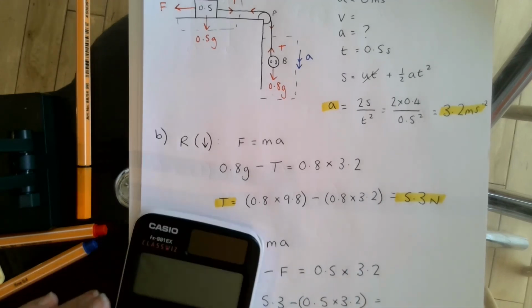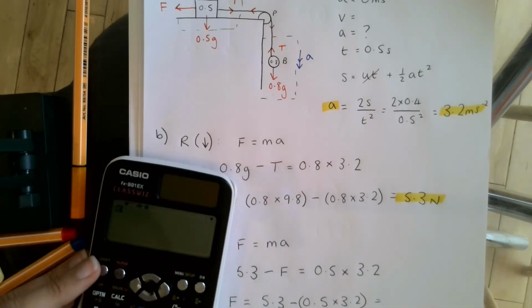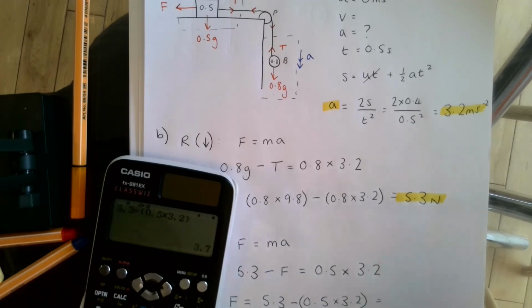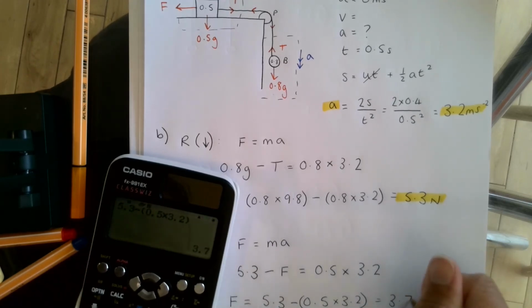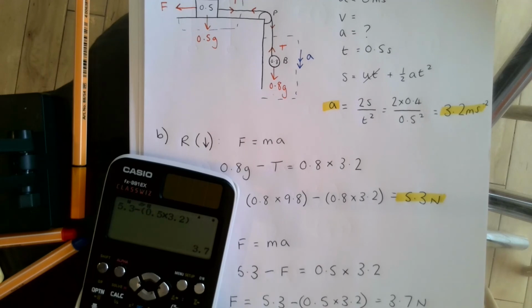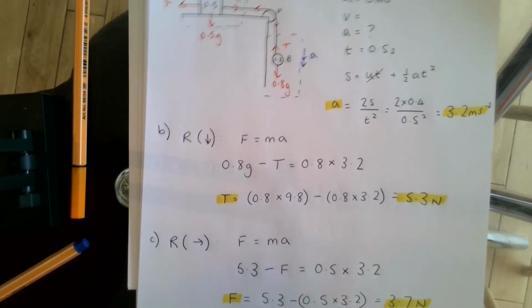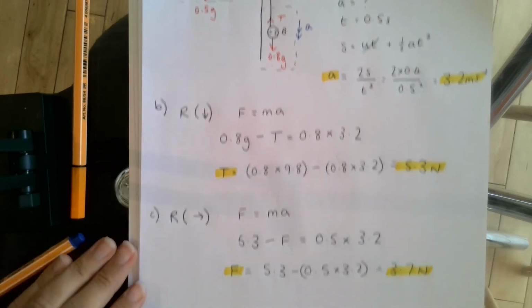And then if we type this in to our calculator, 5.3 minus 0.5 times 3.2, we get an answer of 3.7. So the frictional force is 3.7 newtons. Let me just fit that on there.